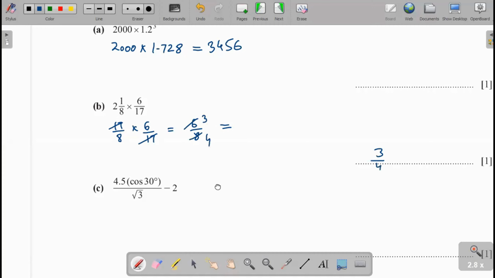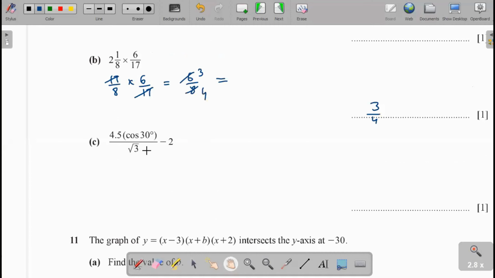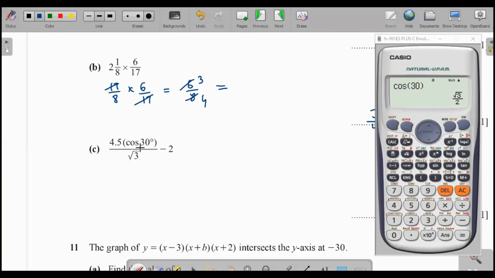Now the next question, see here: 4.5 into cos 30 degrees over square root 3, minus 2. Now you see here cos 30 is square root 3 over 2.